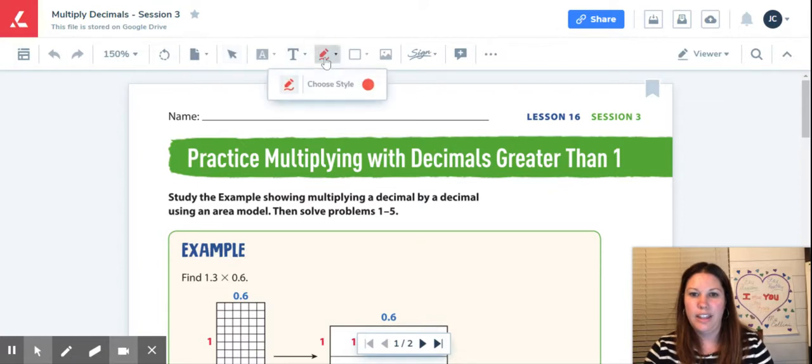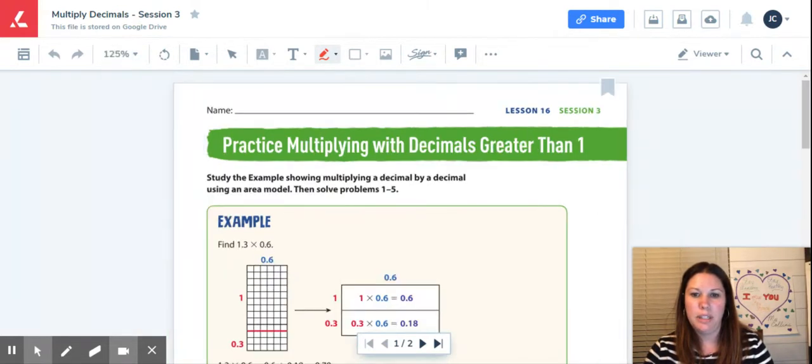Okay, let's try that again. All right, there's red. Let me make this a little bit smaller so we can see more of the page.